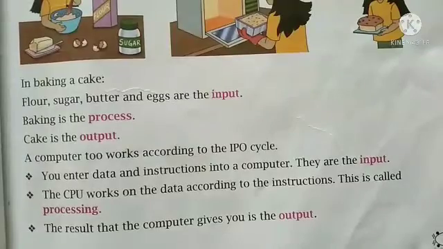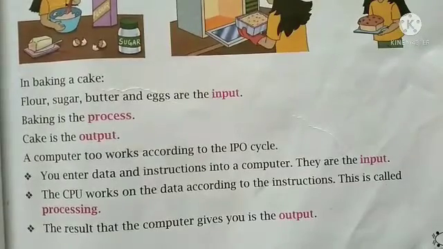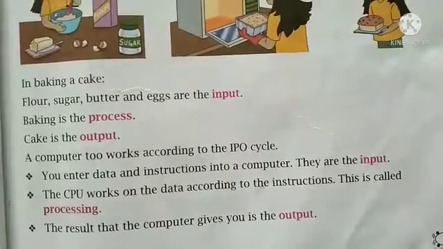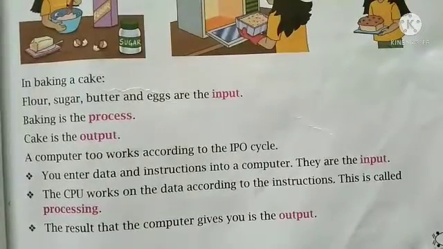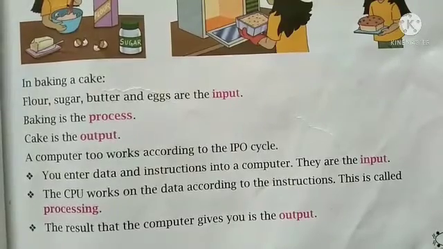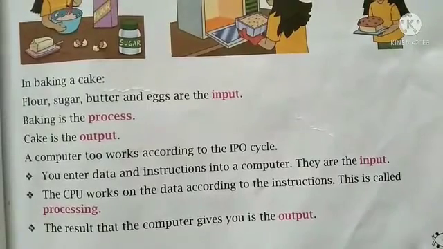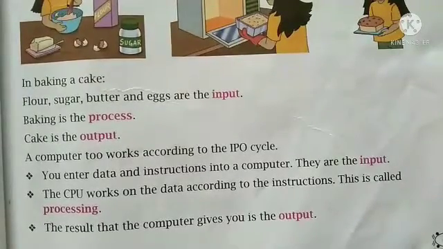The numbers that we give, for example if you want to add 20 and 30, that 20 and 30 is data. Then what calculation you want the computer to do, that will be its instruction. So you want to add them, so addition is the instruction. So data and instruction together form input for a computer.